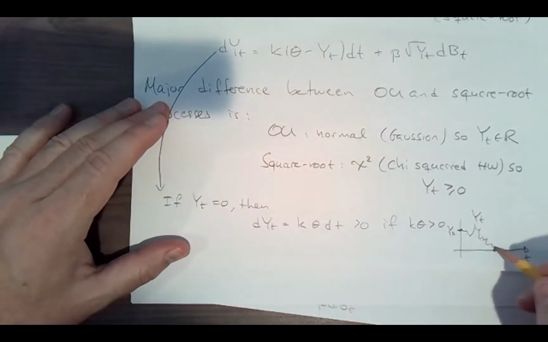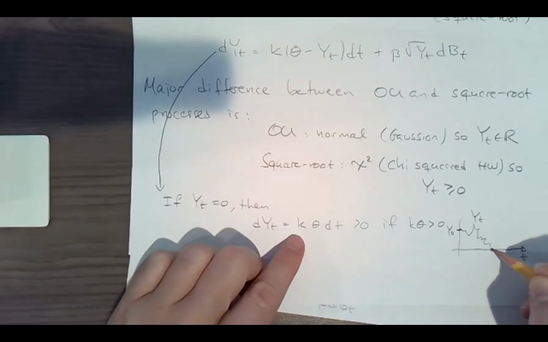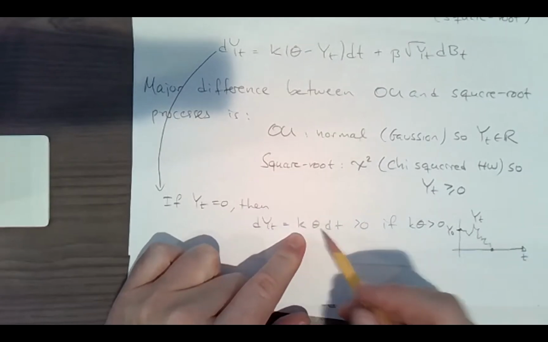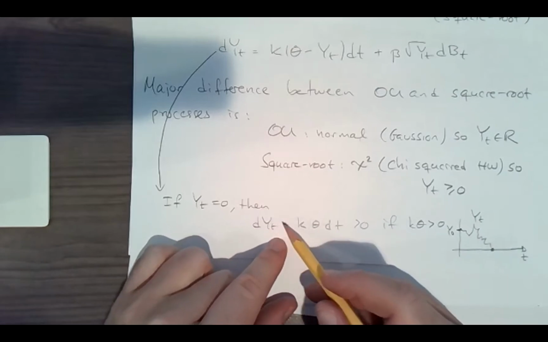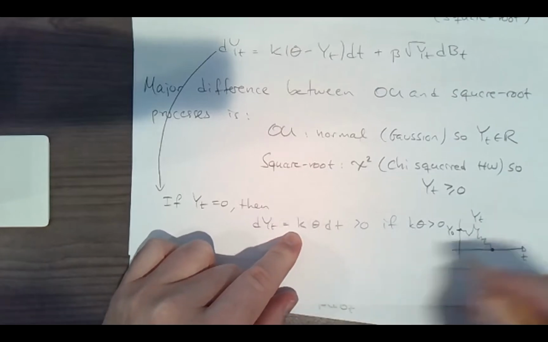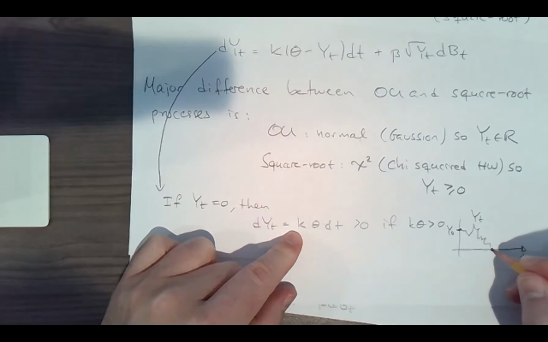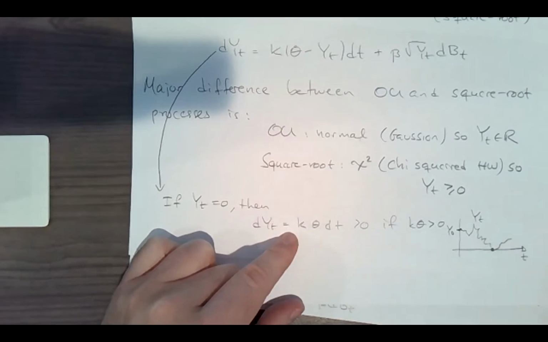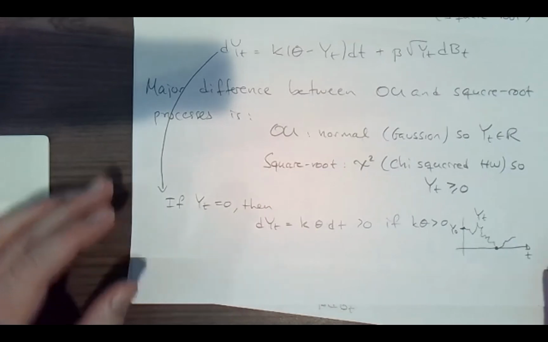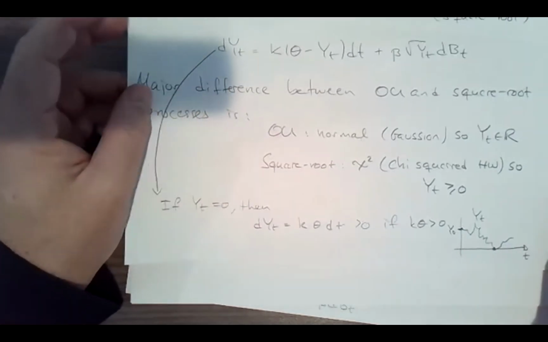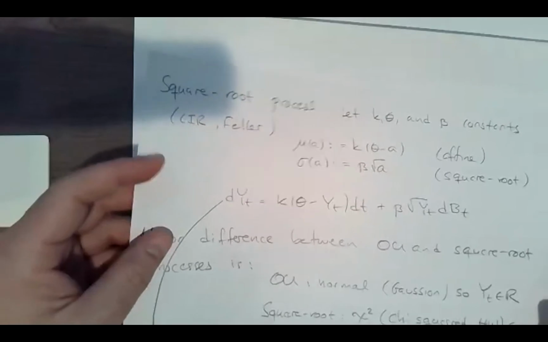If at some point it gets down to 0, then this kappa theta is going to move it back up, because the change in y is then positive. You will not have something like that for the Ornstein-Uhlenbeck case.